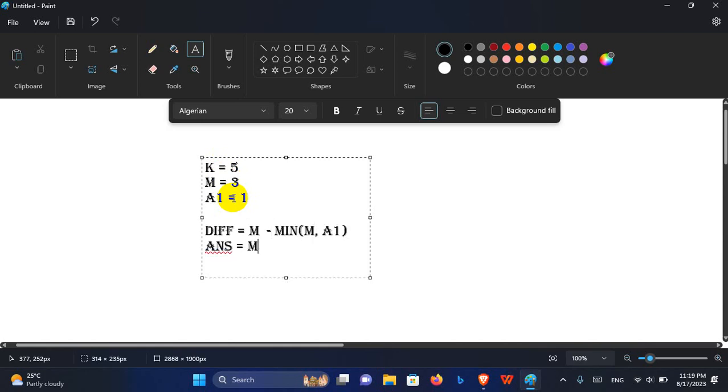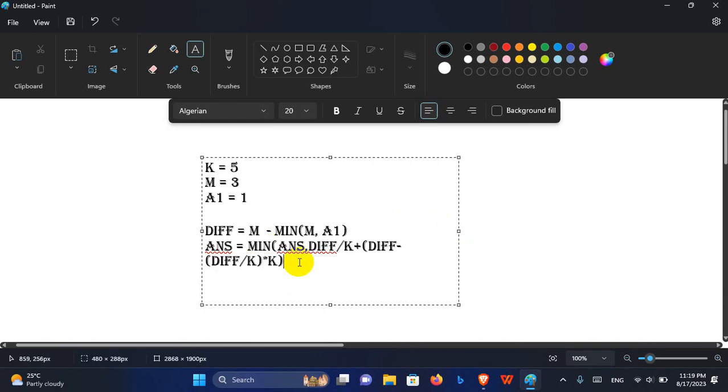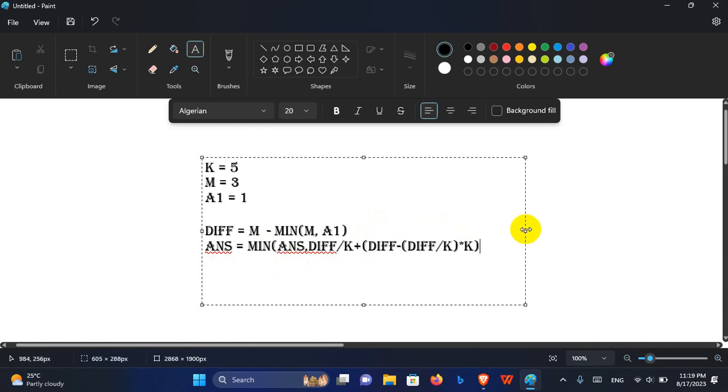So now our answer would be minimum of our first answer, and then our diff divided by k plus diff minus diff over k times k, like the other one. So it's pretty much the same. After this we can happily print our answer.